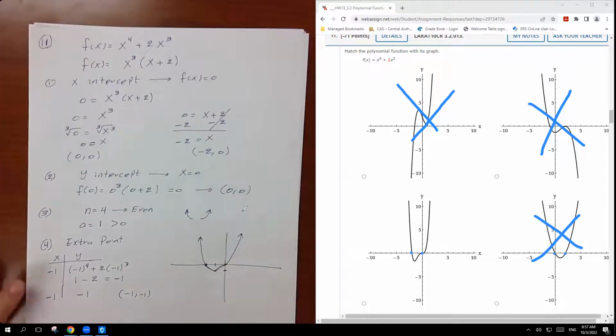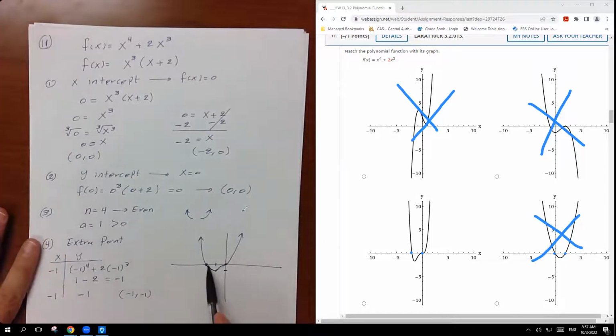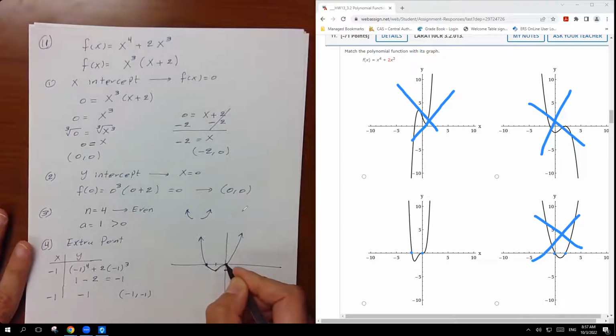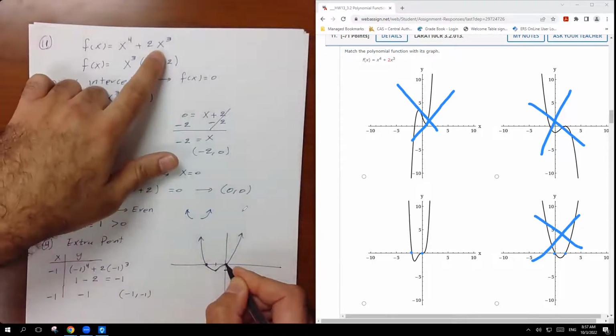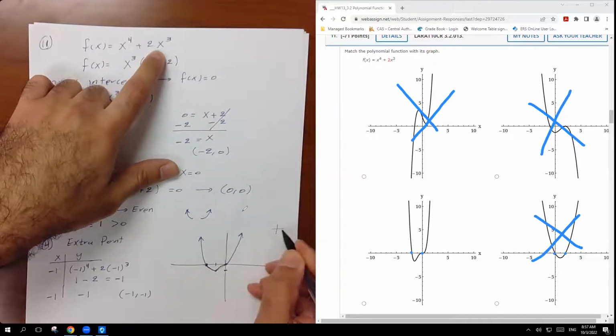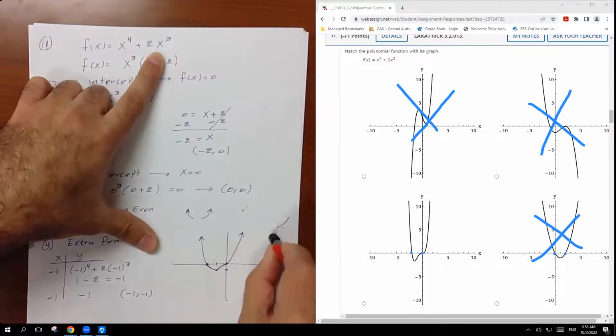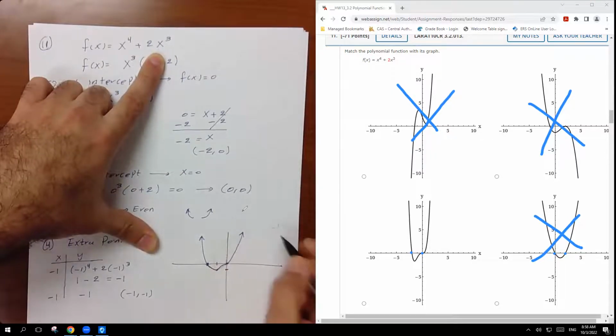The extra point locates whether the graph between these 2 x-intercepts is going to be up or down. Check here. At this point, the x cubed, and I already know the graph of x cubed looks like this. One side is up and one side is down.